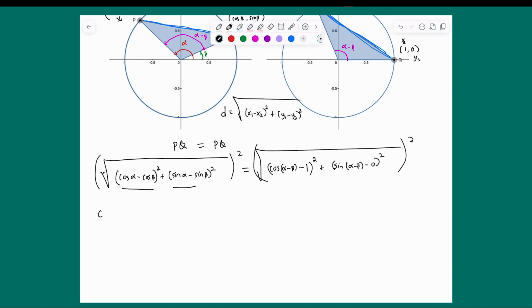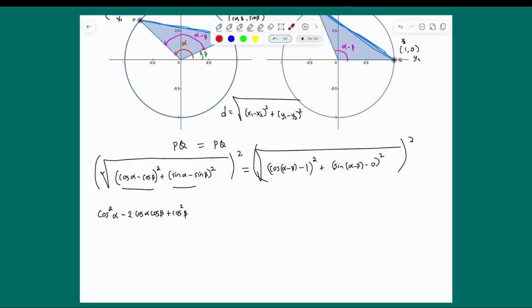We would have cosine squared alpha minus 2 times cosine alpha cosine beta plus cosine squared beta. That's this term expanded out. In other words, if you wrote cosine alpha minus cosine beta times cosine alpha minus cosine beta and did the multiplication, you would end up with this.